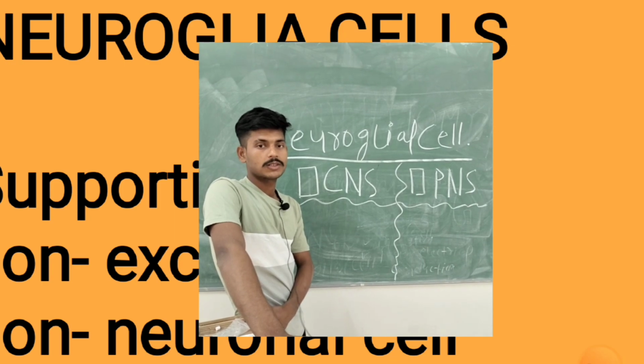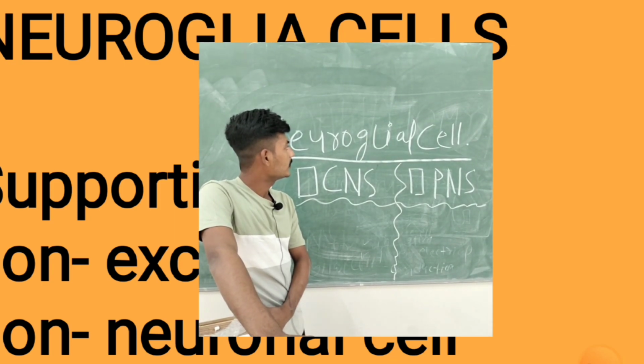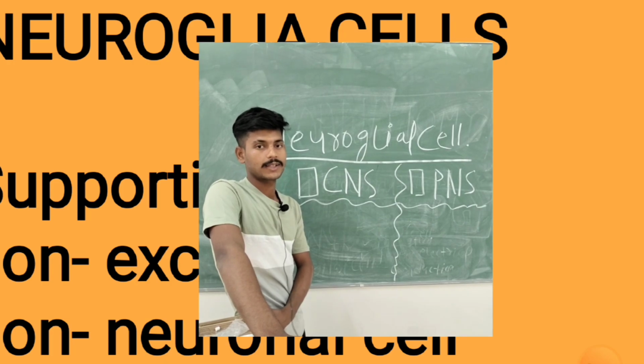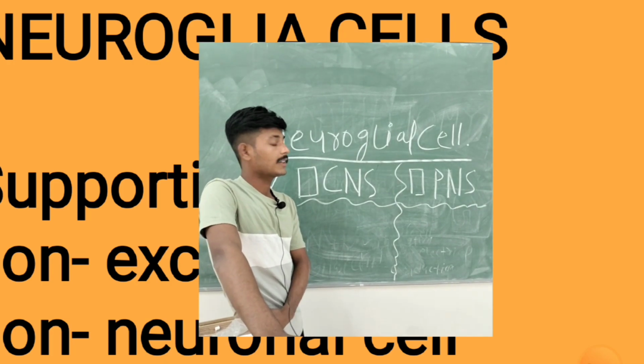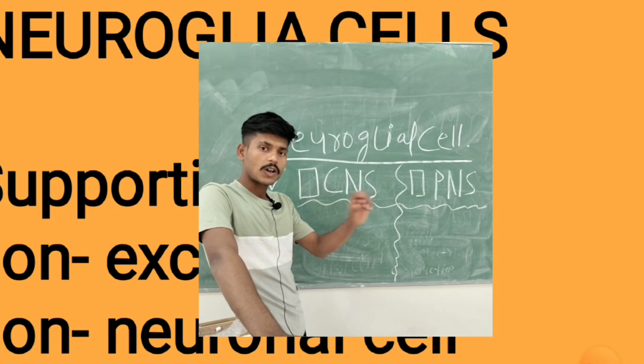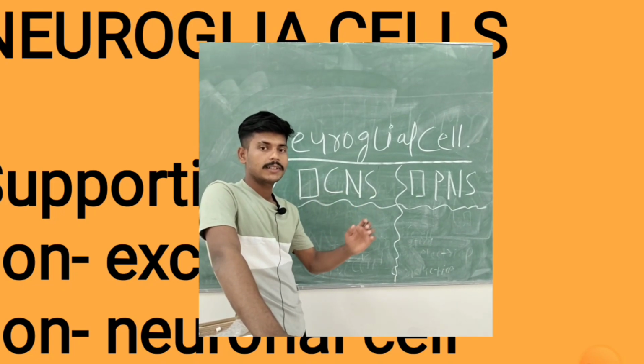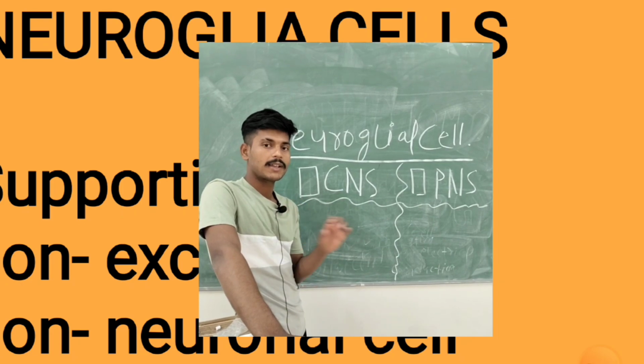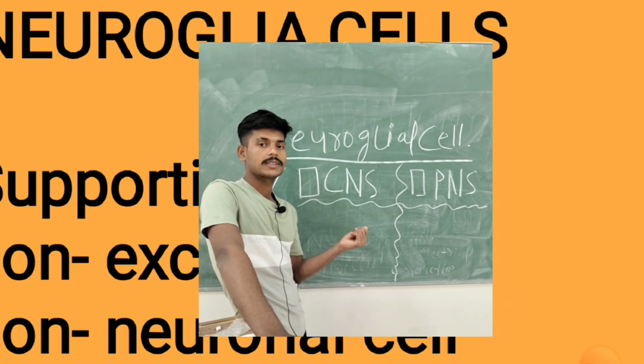Probably you have heard about schwannoma. Schwannoma is basically the cancer of the Schwann cells. There are other neurodegenerative disorders in which the myelination of neurons is affected. There are lesions developing in the myelination. Example, multiple sclerosis.